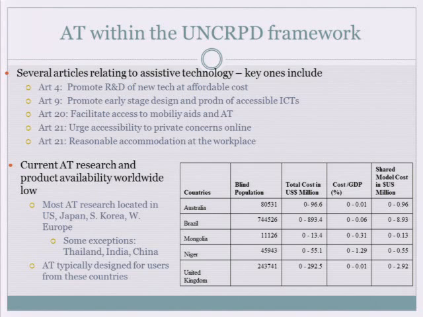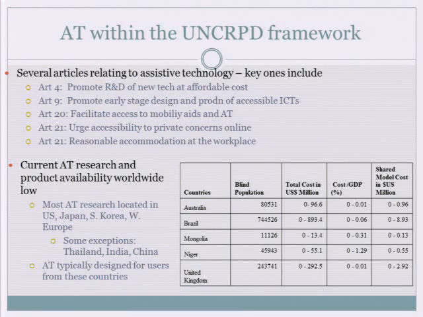I ran down some figures to look at the cost of something like a screen reader, and I'll talk about a screen reader in detail later, for everybody in a blind population in 5 countries. Each of these 5 countries, Australia, Brazil, Mongolia, Niger, and United Kingdom, has signed the convention at its highest level. So they signed it, agreed to it, and ratified it.